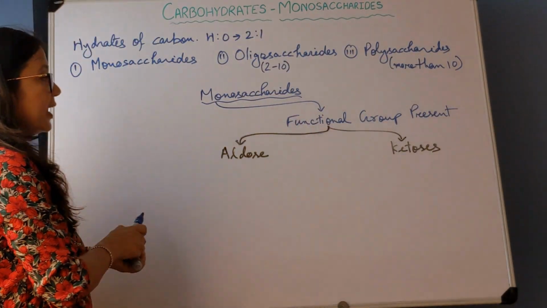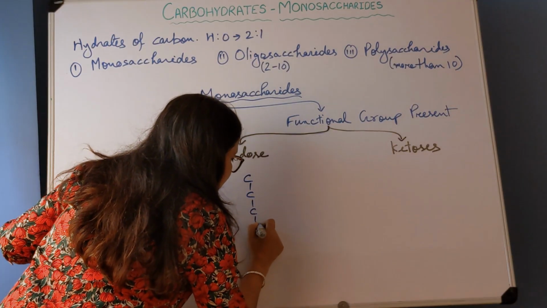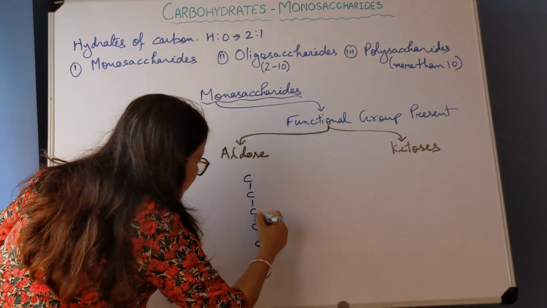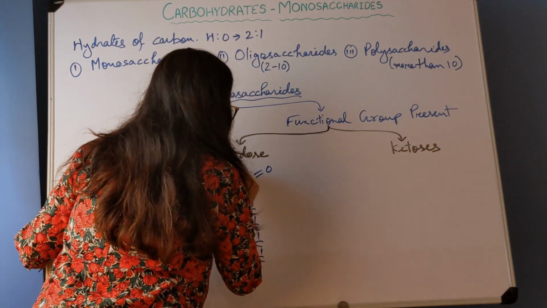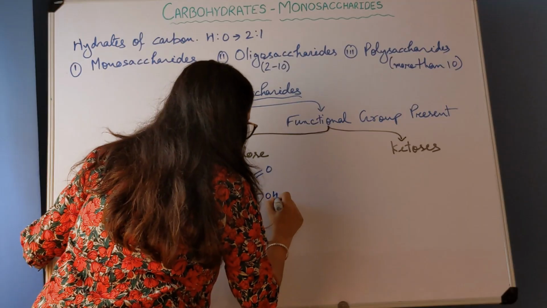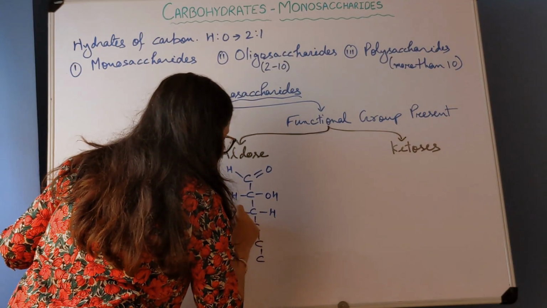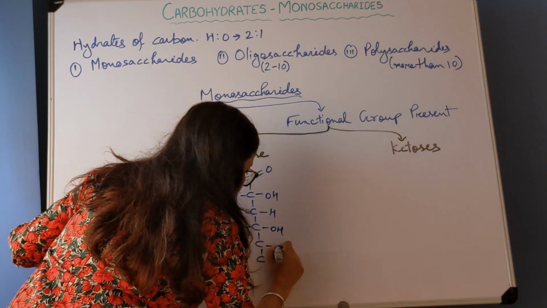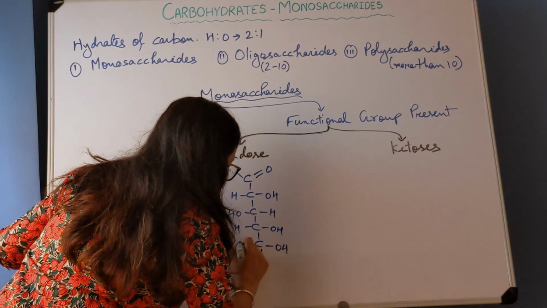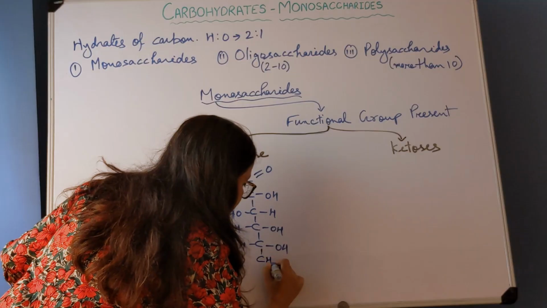Let us see an example. So this is a 6-carbon aldohexose. On the terminal side, you can see the first carbon atom is attached to an aldehyde group.